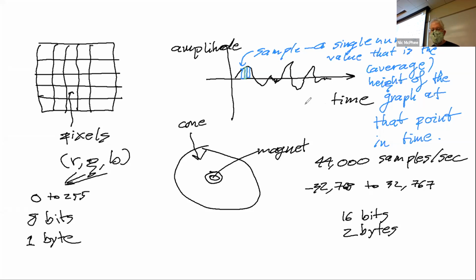So 1 second of music is going to have 44,000 samples, each of which is 2 bytes of data. So a second of music is going to be 88,000 bytes of data, which is actually a fair bit of data. You can rack up a lot of data fast by recording at this quality level.